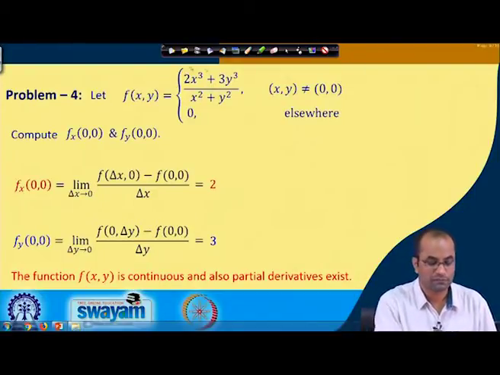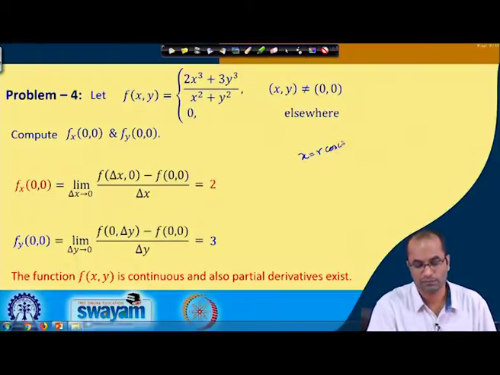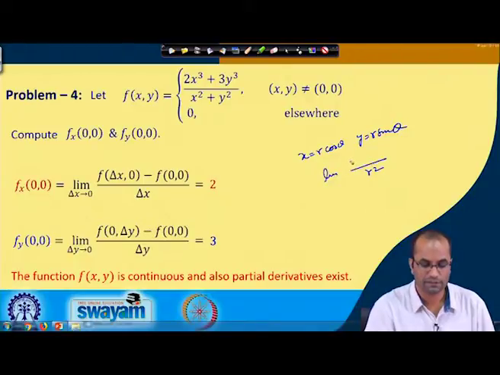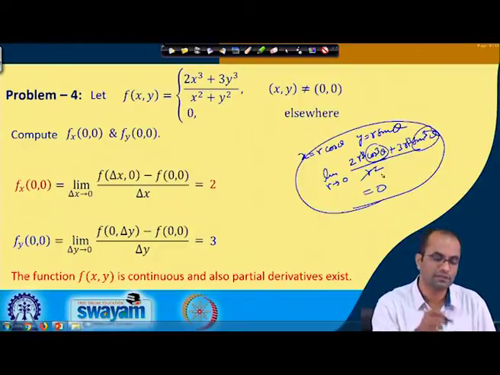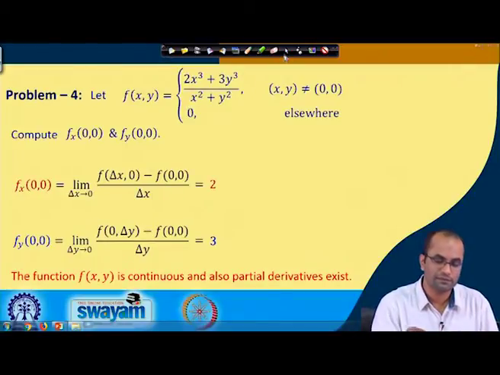So, to see the continuity we can put x equal to r cos theta and y equal to r sin theta, and then the r square will come, and then 2 r cube cos cube theta plus 3 r cube sin cube theta, and limit r goes to 0. So, one r will survive in the numerator and the rest of the term is bounded. So, this will go to 0. So, the function is continuous and the partial derivatives exist.